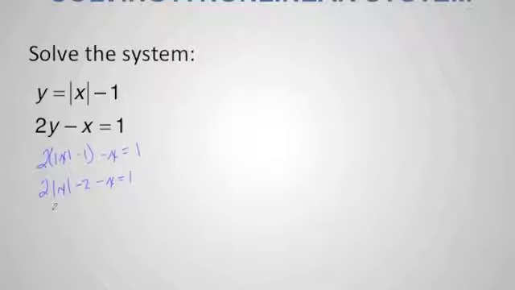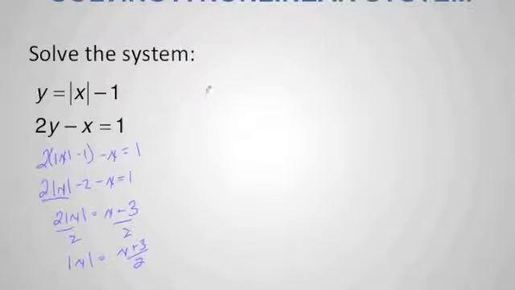I want to isolate the absolute value. So I want to keep this on one side. 2 times the absolute value of x equals x plus 3, and then I only want one of those. So the absolute value of x equals (x plus 3) over 2.